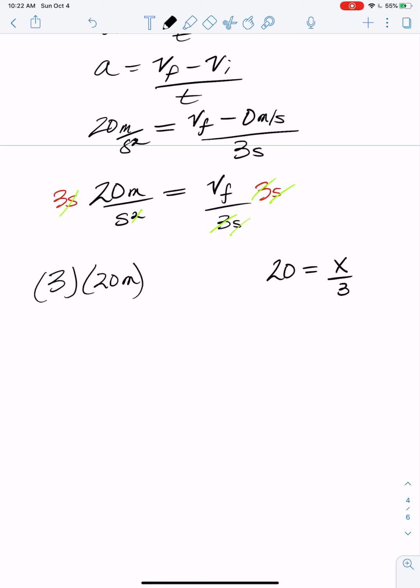I'm not going to make this tougher than it needs to be. And check that out, right? This is the units of velocity. So we can go ahead and rewrite that now as 60 meters per second.